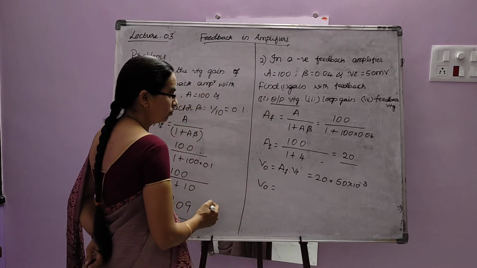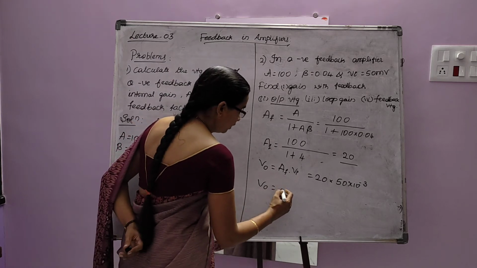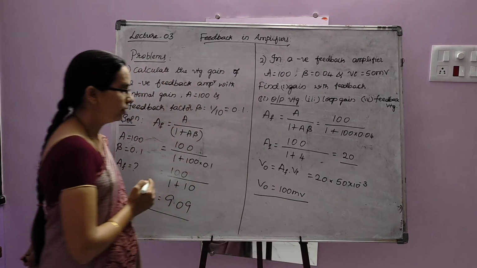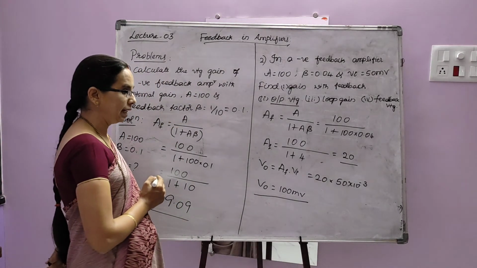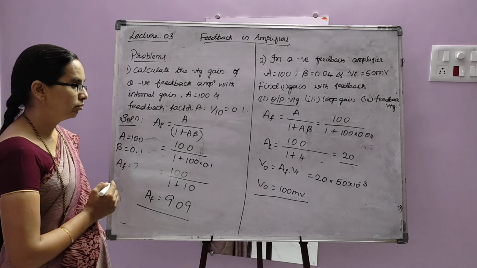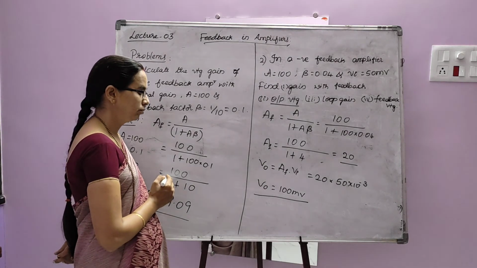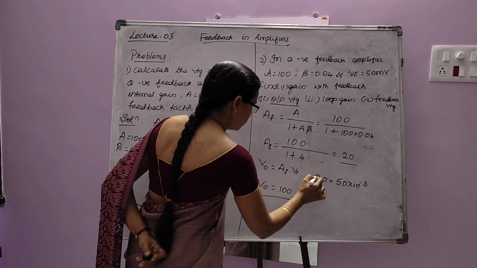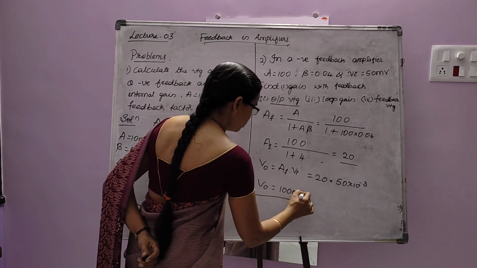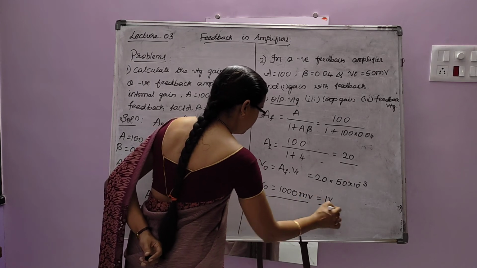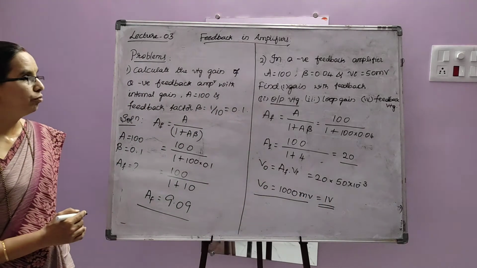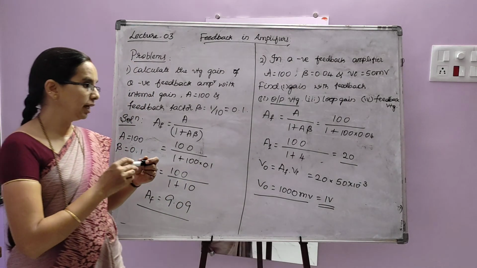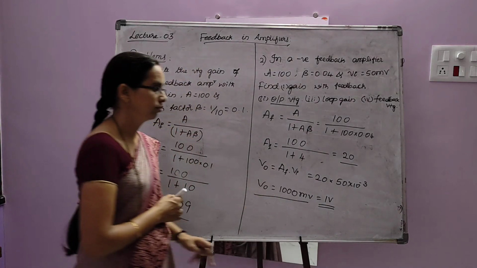V0 is equal to 1000 millivolt, or 1 volt you can write. For 50 millivolt input, we are getting 1 volt as the output because the gain is 20 here.